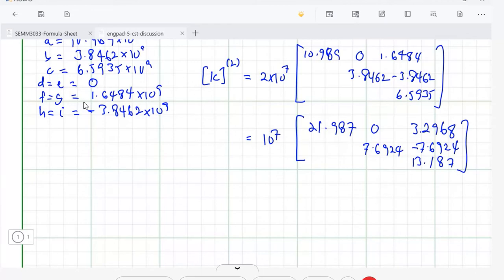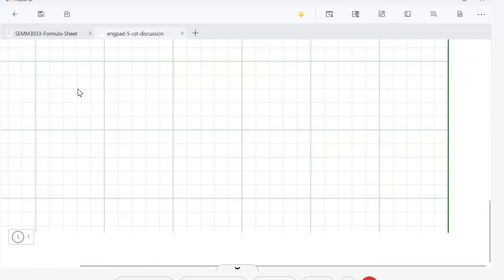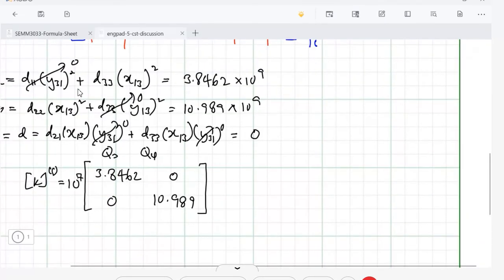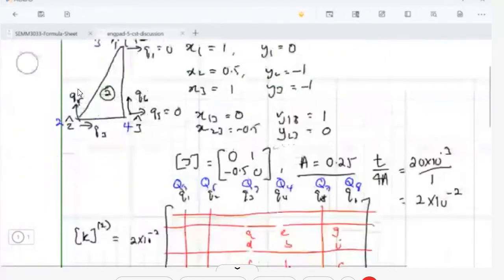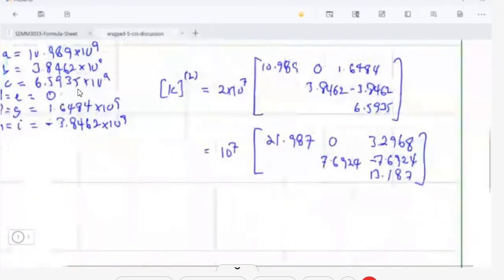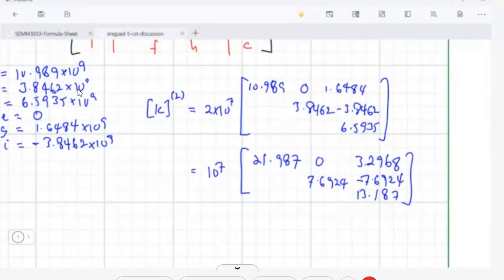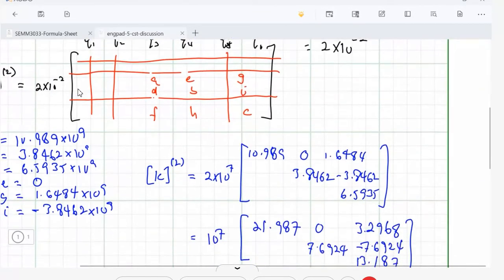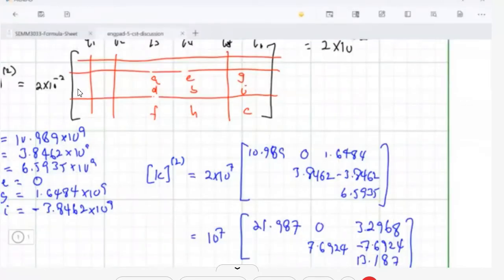So now we already have our element 1, which is this one, Q3, Q4. And now we have this for our second element. So I'm going to keep track of the global DOF.